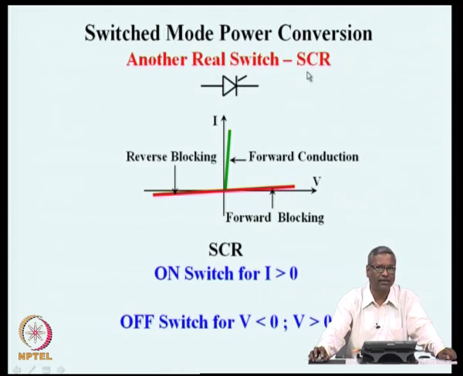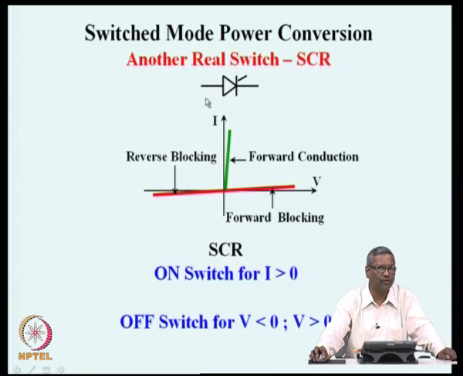SCR also has another name known as thyristor. So, thyristors have one stable state which is the off state. In the off state, it can block positive voltage as well as block negative voltage. So, that is the blocking state, very close to the voltage axis, very small amount of leakage current and a large blocking voltage. The SCR has another state which is the forward conduction state.